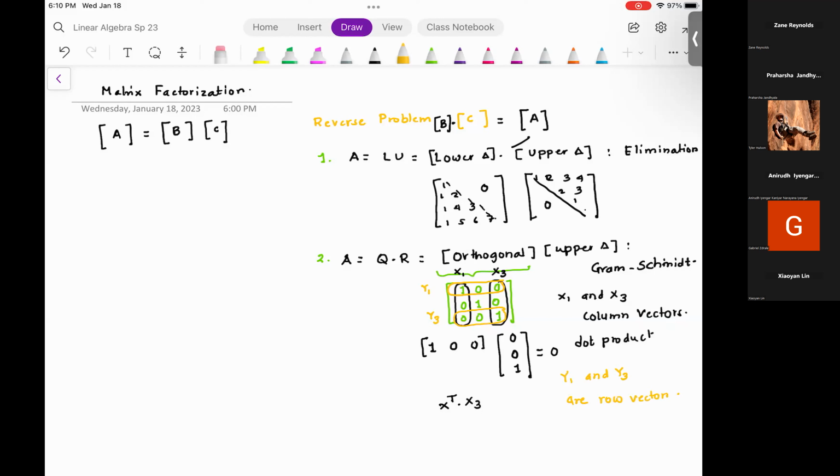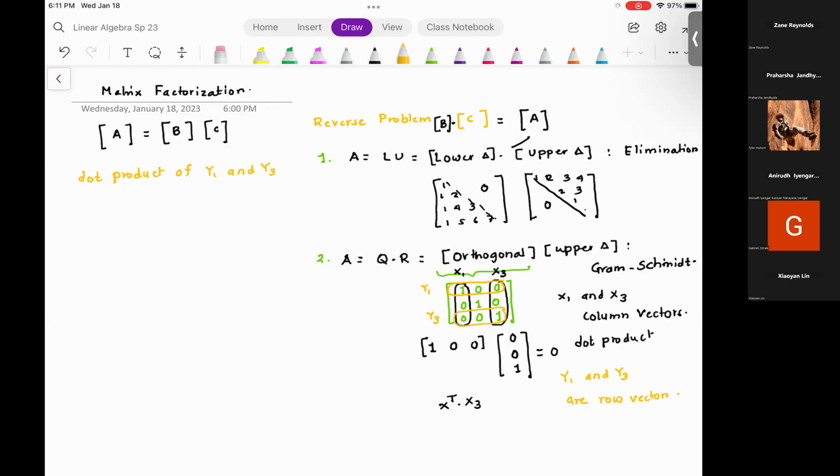So now what I want to do is I want to take a dot product of y1 and y3.